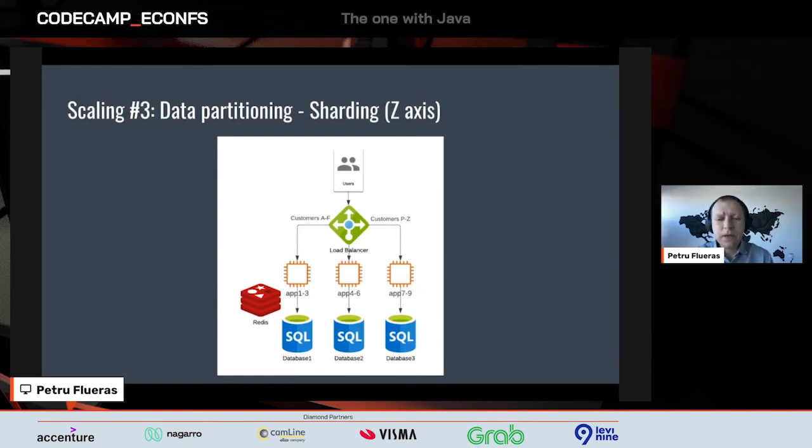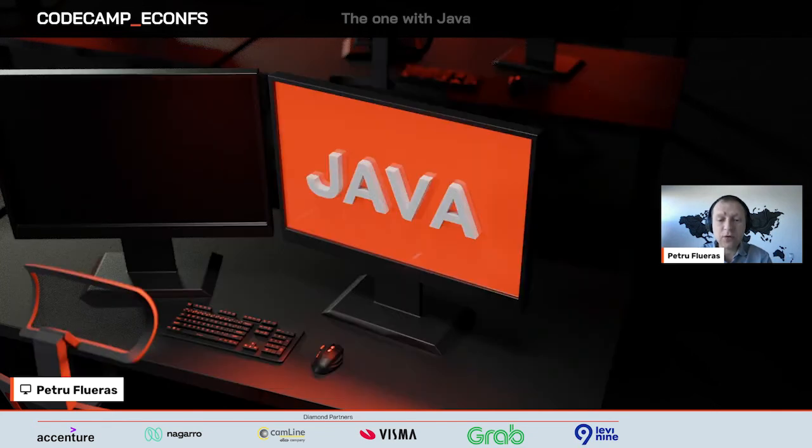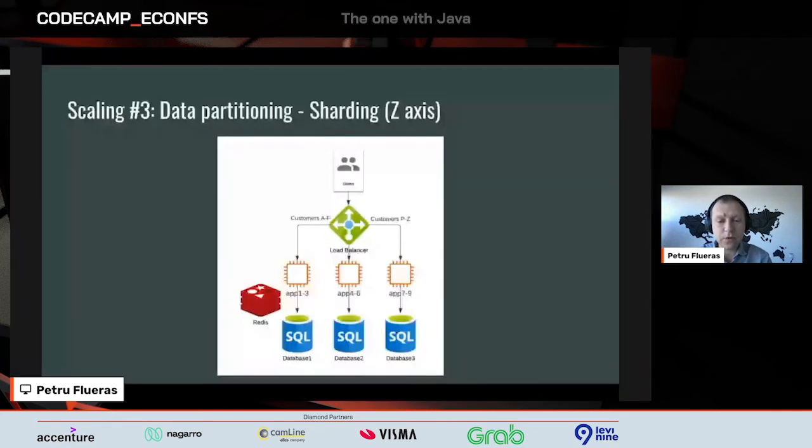It will be a bit difficult if you want to repartition this information, to reorganize it over these 3 databases. It will be pretty difficult. But once again, we are still with the same monolith. The very same code runs on all the application nodes.